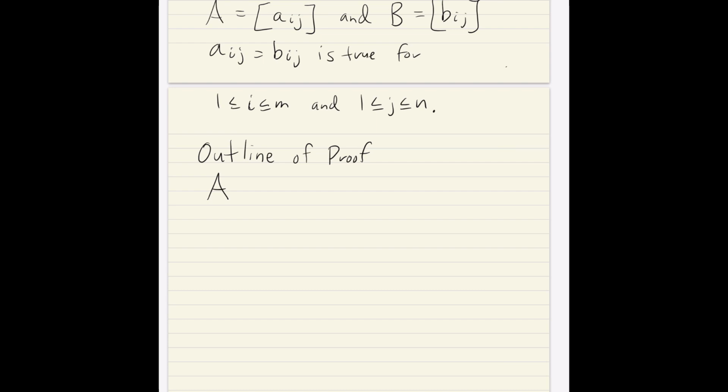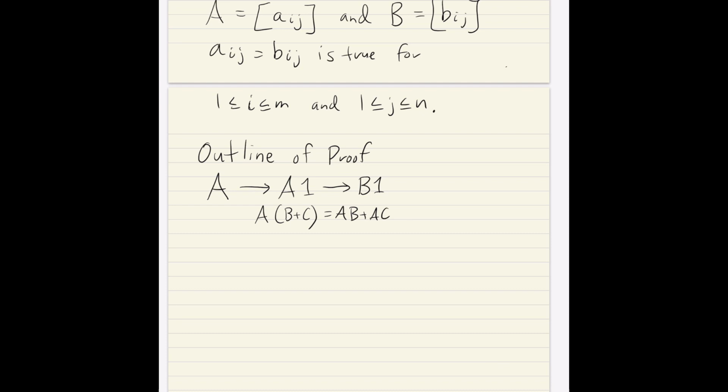And then what I want to do from A is I want to show A1, and essentially I want to show that the product A times (B plus C) equals AB plus AC. I want to show that every element in the matrix on the left is the same as every element in the matrix on the right, and that's where it matches up with B1.